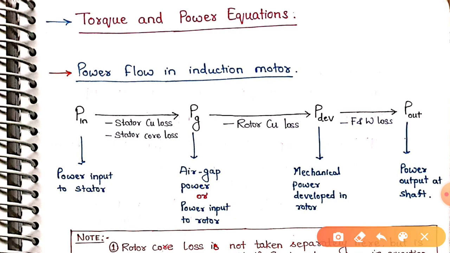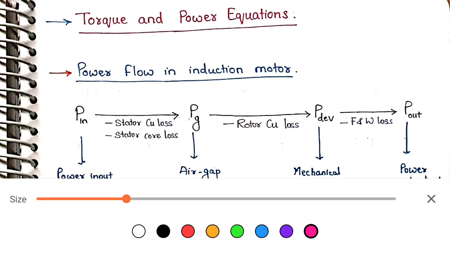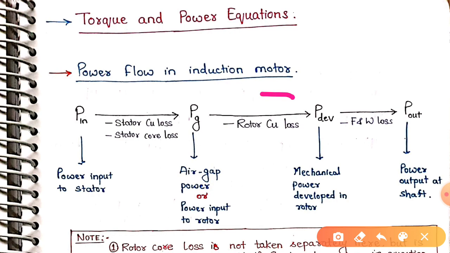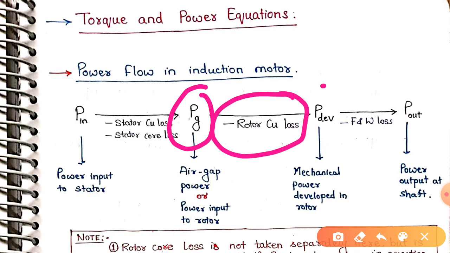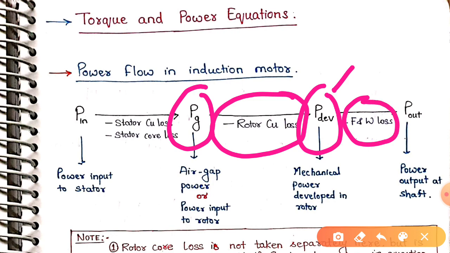So we deduct this rotor copper loss from the air gap power to get mechanical power developed in the rotor, and from this we deduct the friction and windage loss, which also includes the rotor core loss, to get the final output power from the shaft of the three phase induction motor.